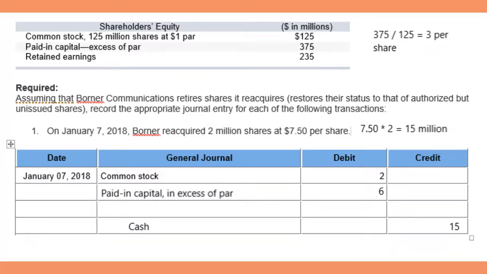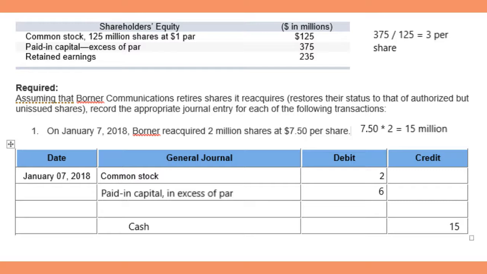Well, when we're reacquiring to retire, we've got two possible situations. Well, three, really, if you think about it. One, we can pay more than the original owner paid for the stock when we repurchase it. We can pay the exact same as the original purchase price, or we can pay less. So in this case, if you really consider it, on average, our shareholders paid $8 a share for our stock.